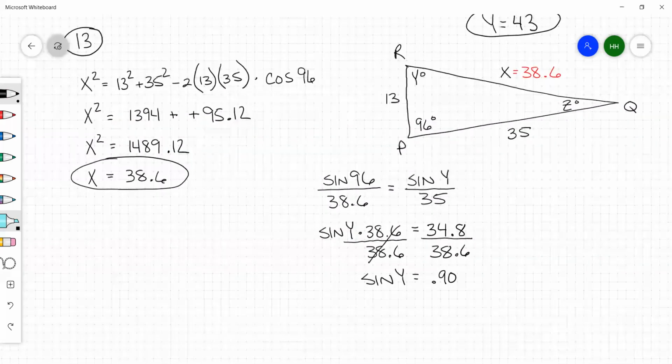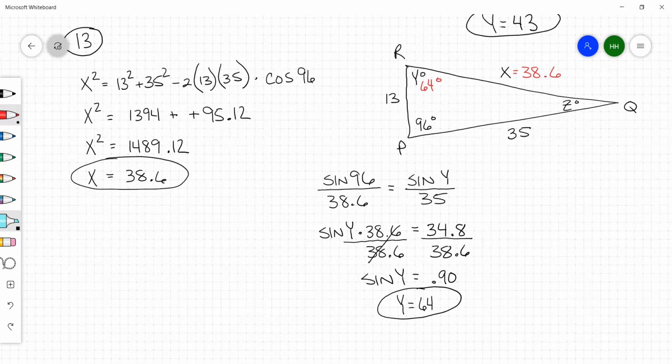So if the sine of y equals 0.90, then y equals 64. There's your y value, 64 degrees. And then your z value is just found by subtraction. So 180 minus 96 minus 64 is 20 degrees.